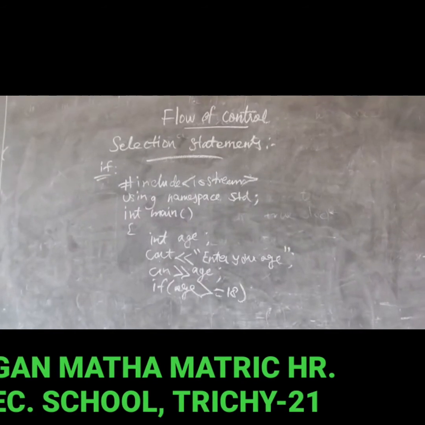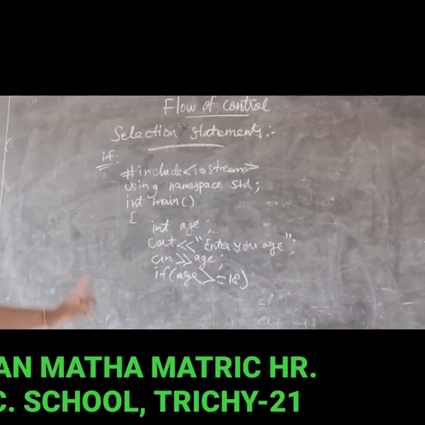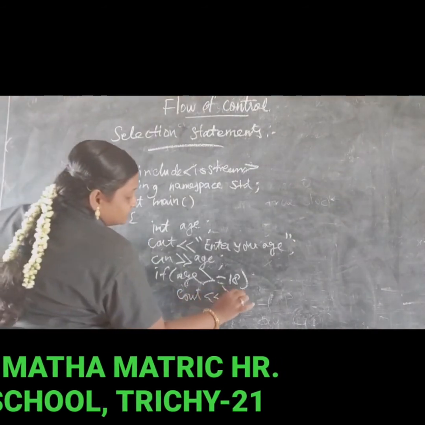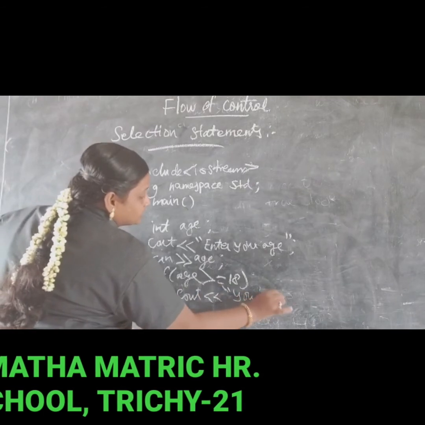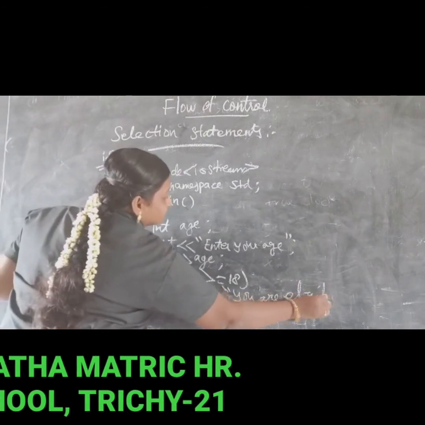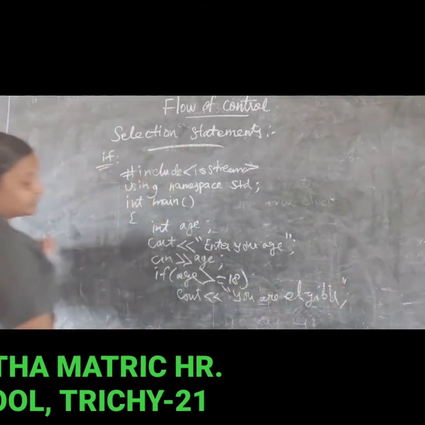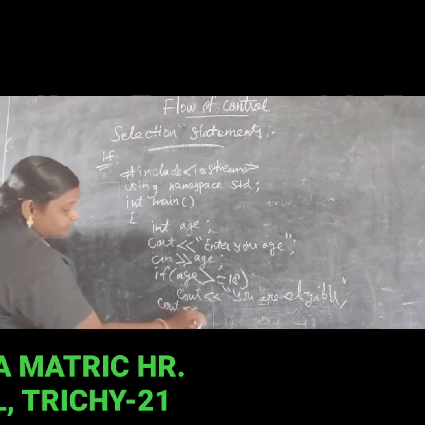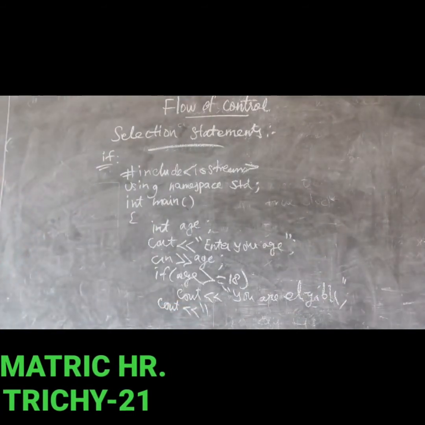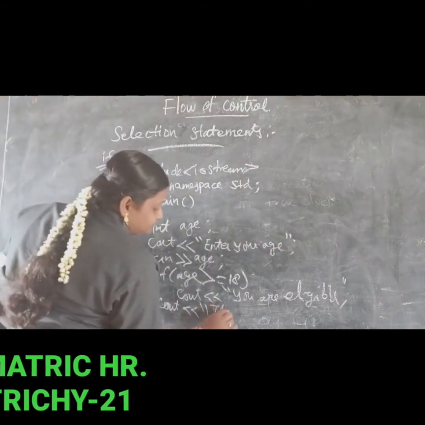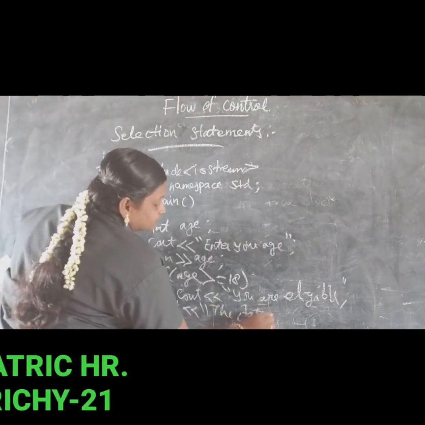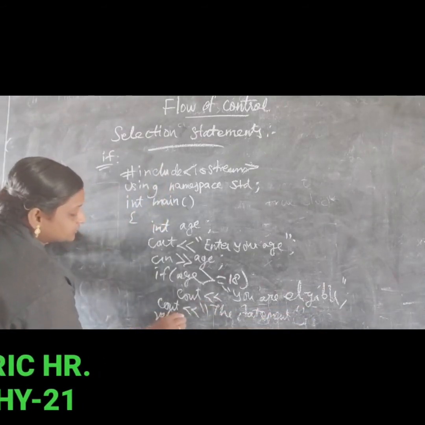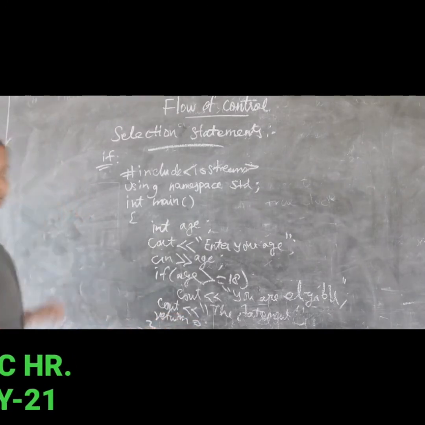If the condition is true, the next step is cout: you are eligible. The next statement is always executed. At last, we need to give the return statement and then close the program.